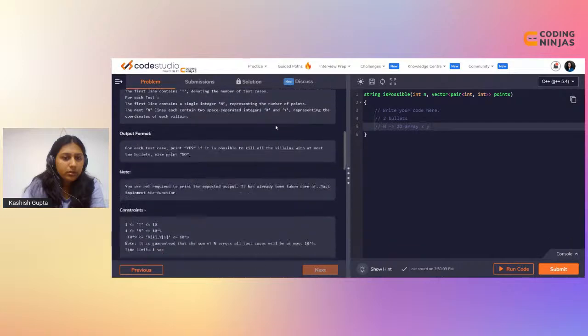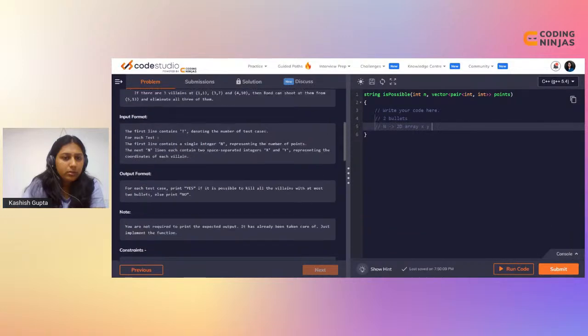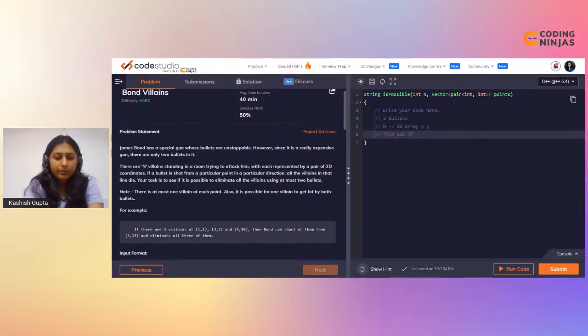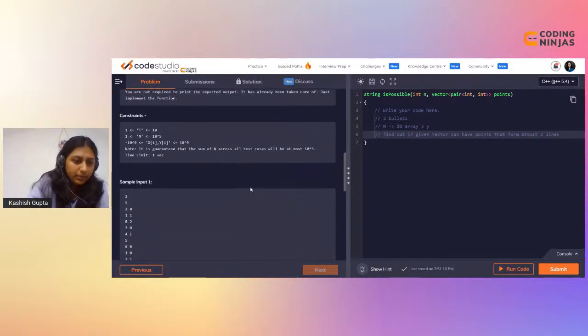So basically, the question transforms itself into: find out if a given vector can have points that form at most 2 lines. मतलब there is an example given.